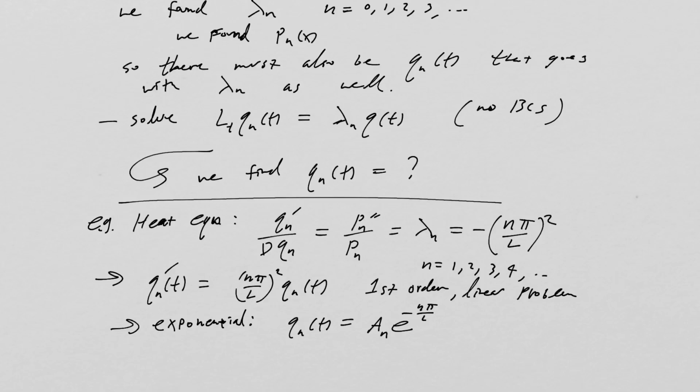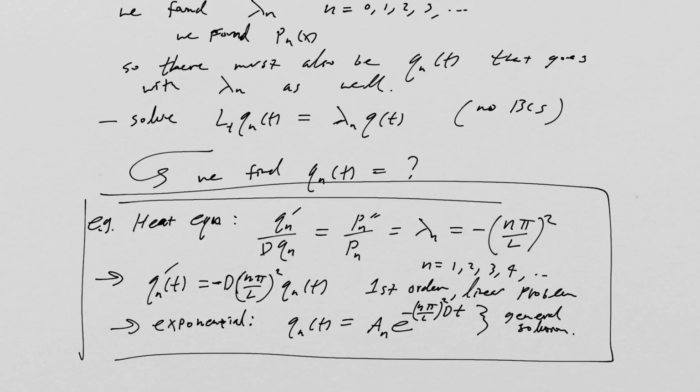I forgot to write that in. Let's go and write that in. We know there has to be a negative times d there. Okay, n pi squared times d times t. So right there, we would call this the general solution. Okay. So that is the answer for the heat equation right here.